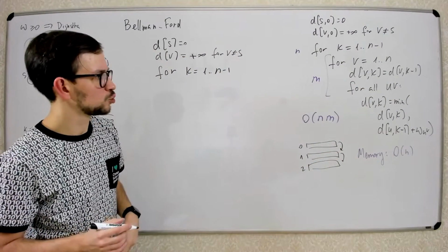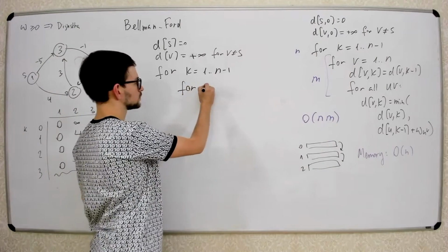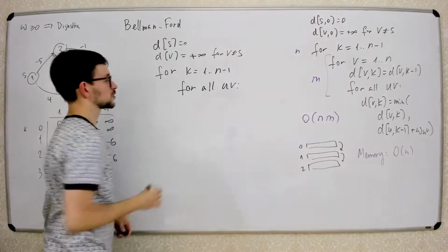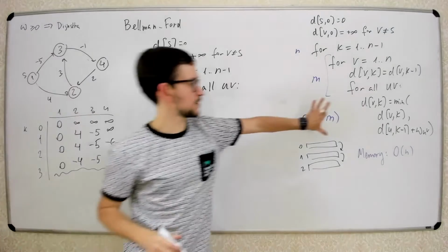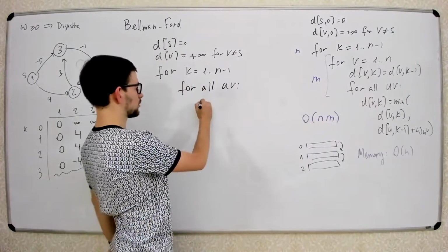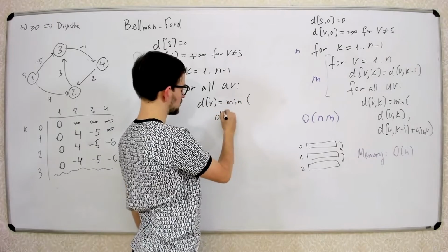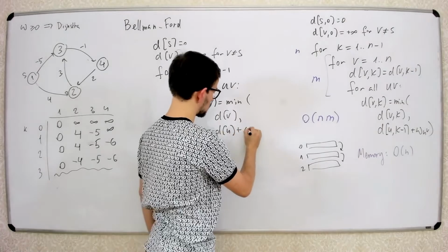So what we need to do, let's write it like this. We'll iterate over all edges. So let's iterate over all edges in our graph and just implement this relaxation. So we'll say dv will be the minimum of dv and du plus the weight of edge uv.